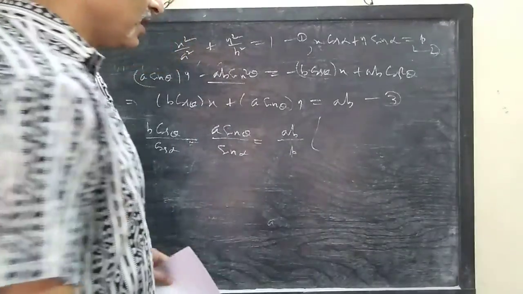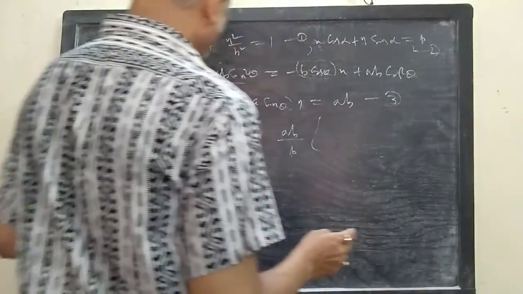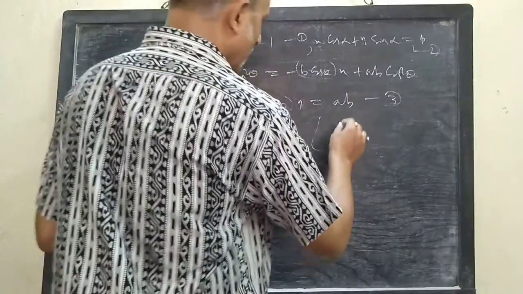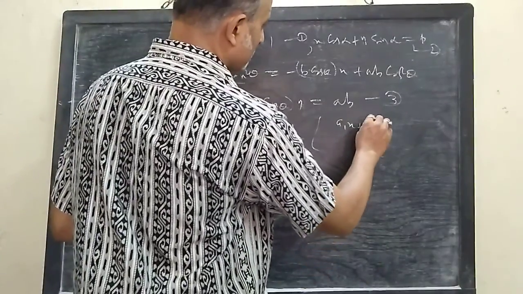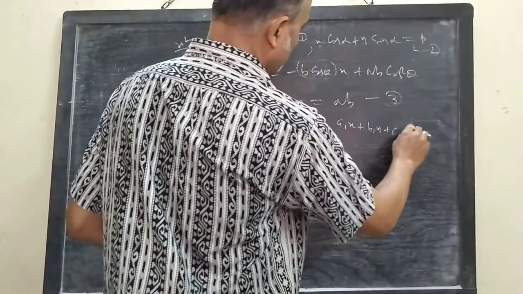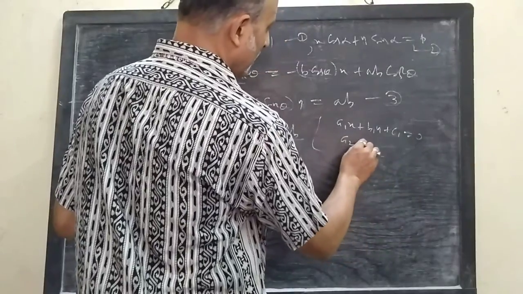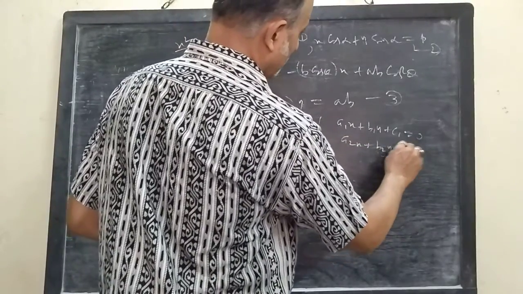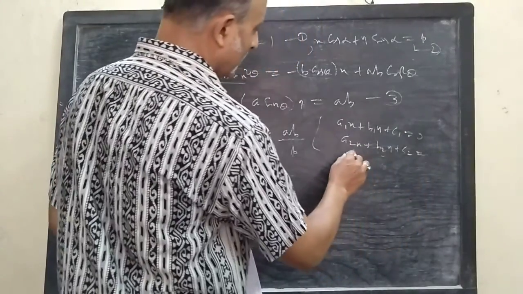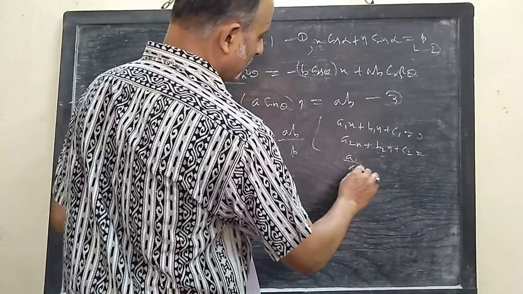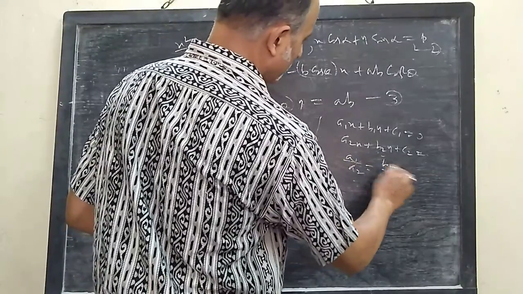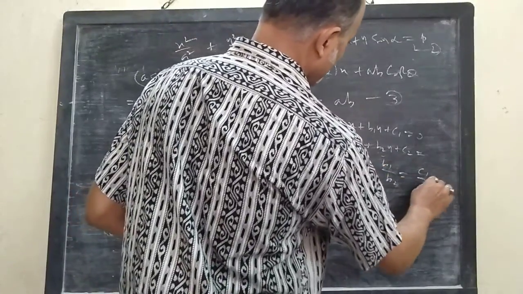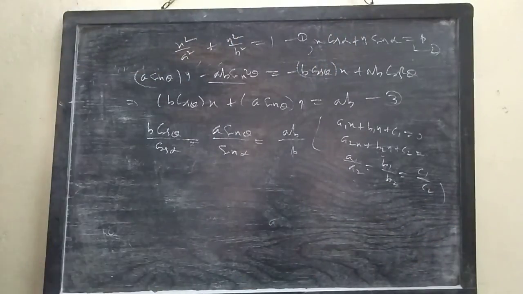Now recall the condition we have learned in class 10 that the lines a1x plus b1y plus c1 equals 0 and a2x plus b2y plus c2 equals 0, they will be identical under the condition a1 by a2 equals to b1 by b2 equals to c1 by c2. We are using this result here.